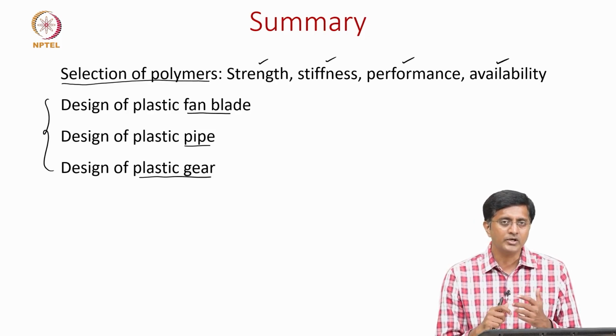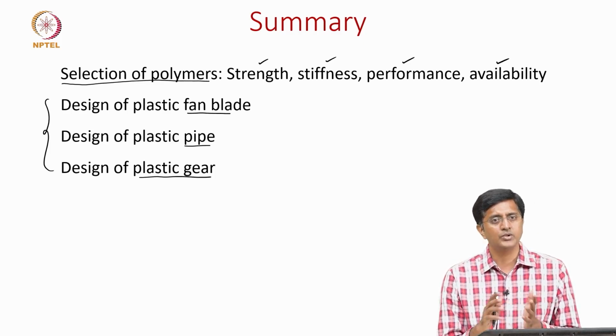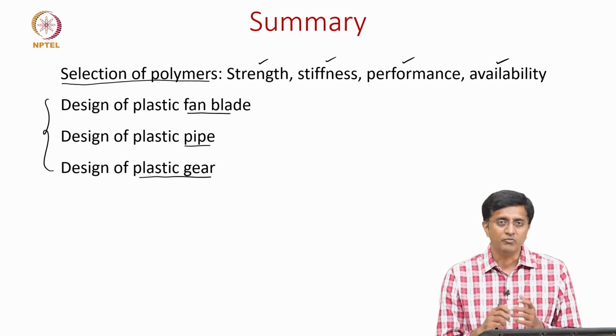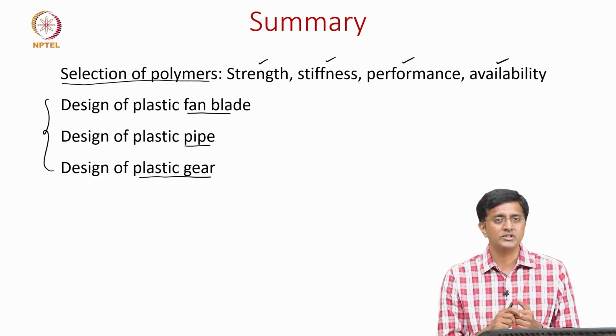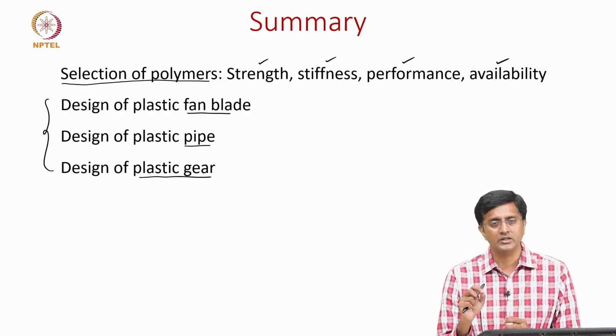Later we looked into the unique mechanical behavior of polymers, and then we moved into the various mechanical models one can use to represent the behavior of polymers. We also looked into the stress analysis of polymers, specifically in the analysis of bars and beams.